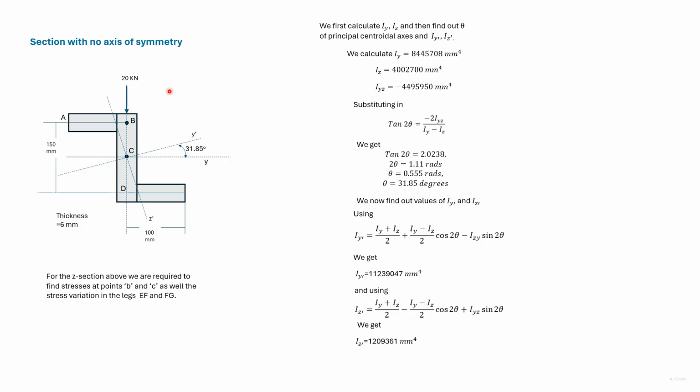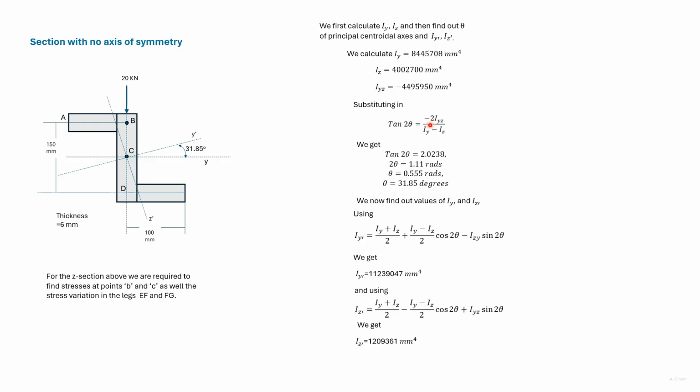We then carry out our analysis to find stresses. To start with, we take an arbitrary axis, a y and a z axis. We find out Iy, Iz, and also Iyz, which can be determined using a formula.